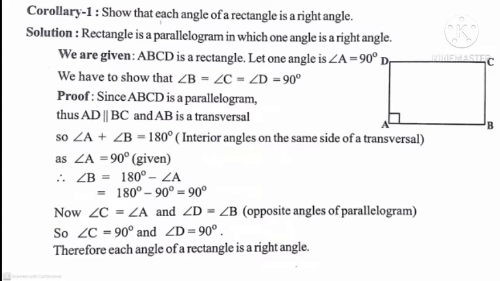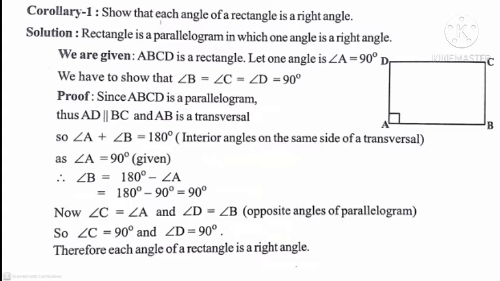So angle A plus angle B is equal to 180 degree, since interior angles on the same side of a transversal. And also angle A equal to 90 degree. Therefore angle B is equal to 180 degree minus angle A, transposing angle A to the right side. That implies 180 degree minus 90 degree, after subtraction we get 90 degree.